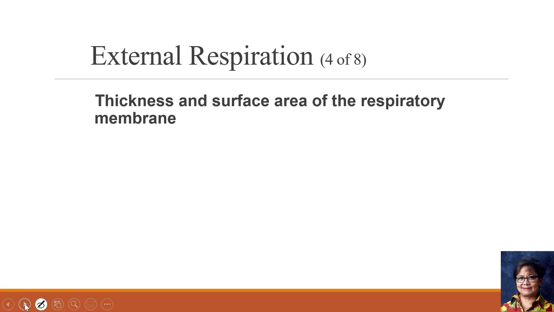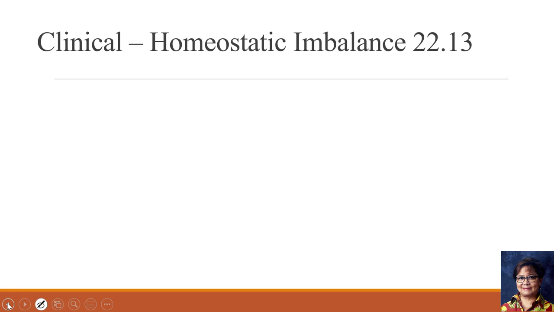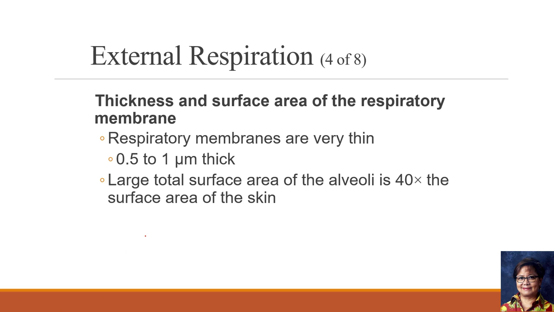So external respiration is affected by the thickness and the surface area of your respiratory membrane. Your respiratory membrane is usually very thin, about 0.5 to 1 micron in thickness only. And the large surface area of the alveoli is 40 times the surface area of the skin.